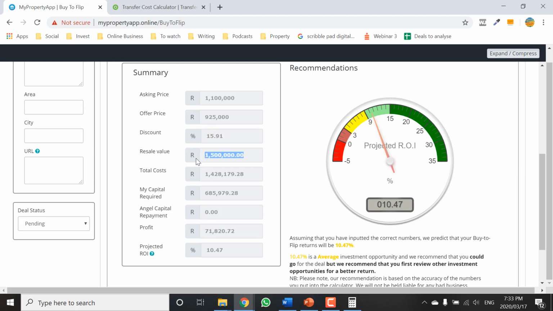Your resale value is 1.5. The total cost of this deal, which is your renovation, your purchase price, everything, is sitting at 1.4. You'll have to come up with about 685,000 Rand of your own money or use an investor's money, and then your capital profit will be 71,000.